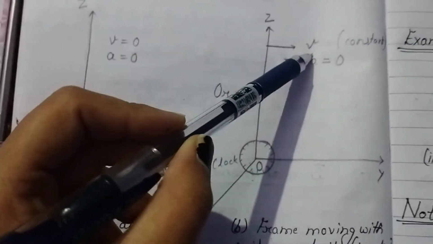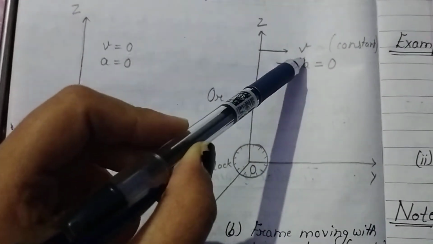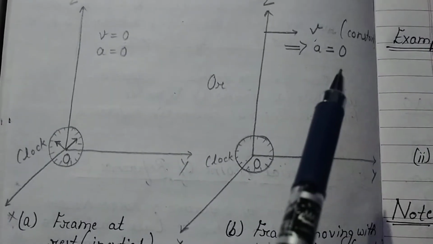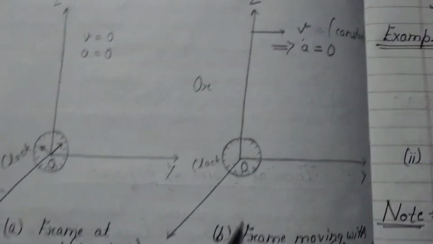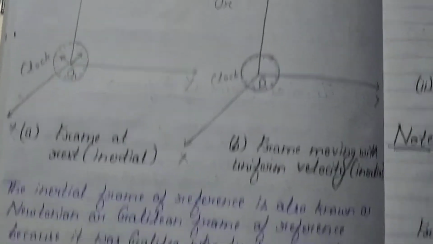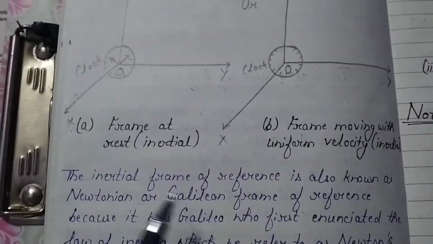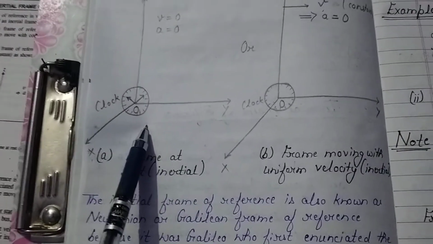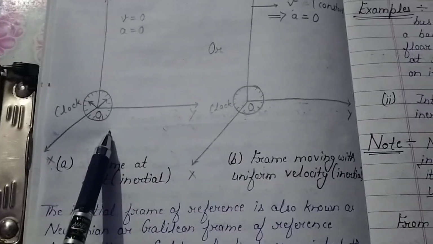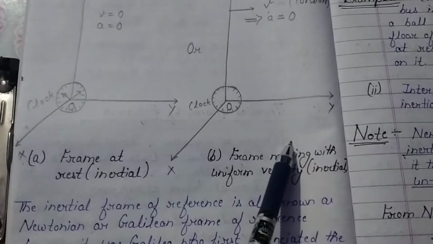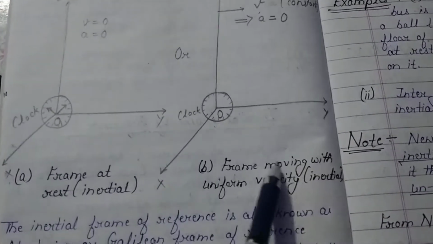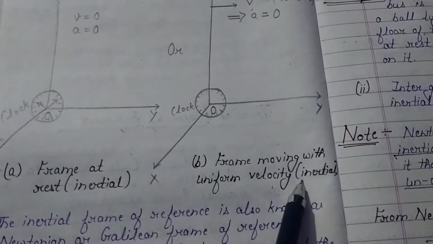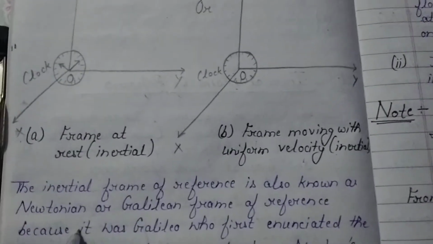And here v is equal to constant and a is also equal to 0. This frame is at rest, so it is called an inertial frame. And this is a frame moving with uniform velocity. This is also called an inertial frame of reference.